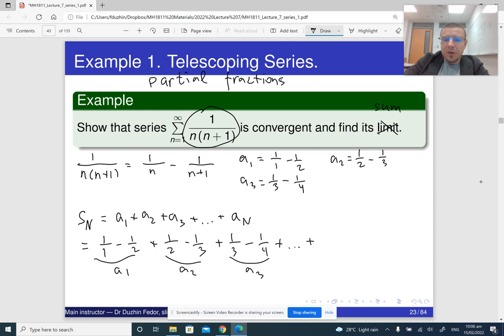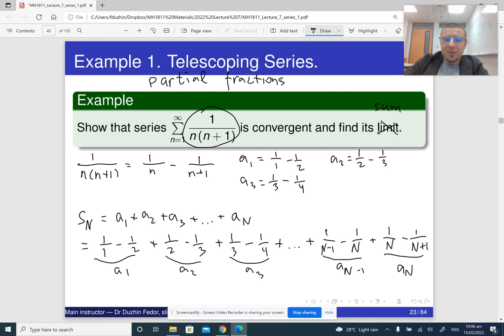In order to illustrate my point, let me write, let's say, A n minus 1. So A n minus 1 is going to be 1 over n minus 1 minus 1 over n, and plus the last term, An is going to be 1 over n minus 1 over n plus 1.